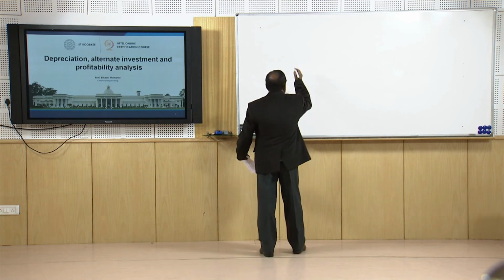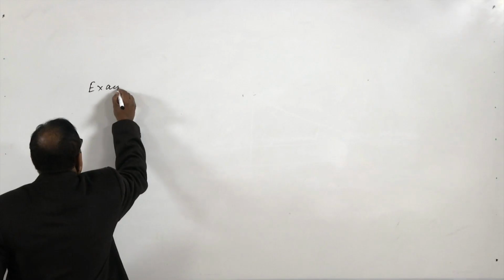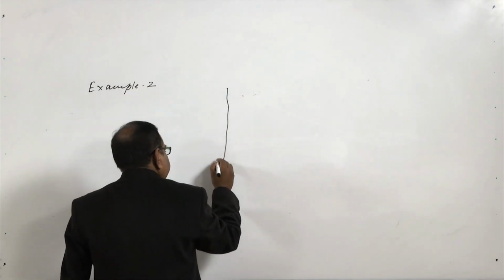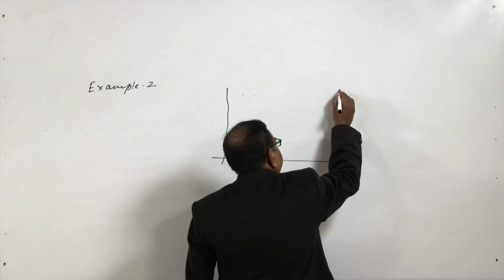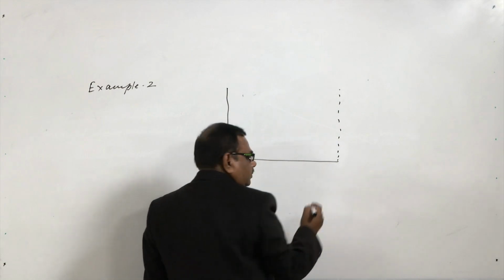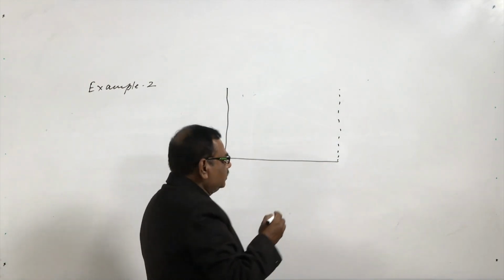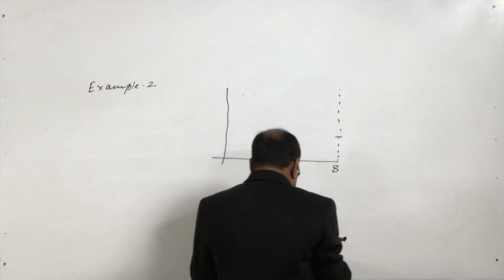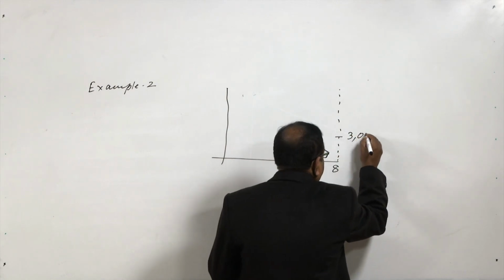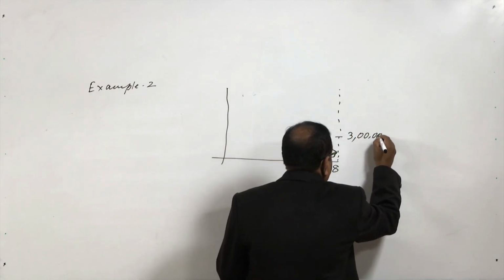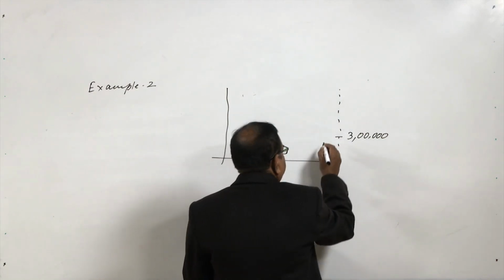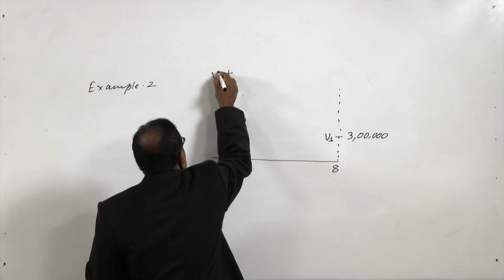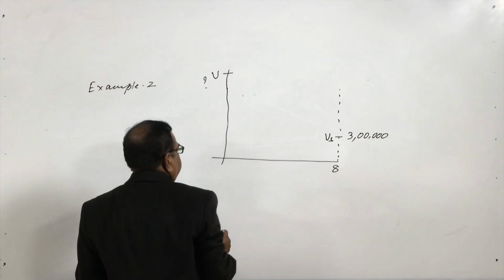So, example 2, this is 8 years, this is 3 lakh Vs, this is V. So, what is the value of V?